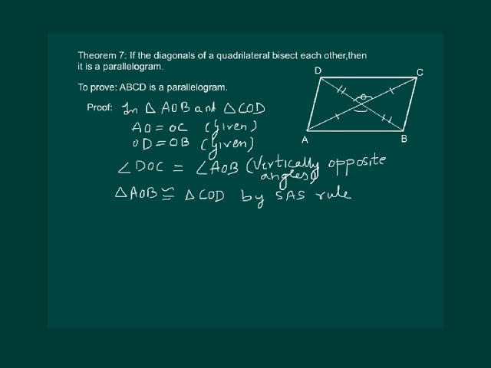And since the triangles are congruent, so the corresponding angles will be equal, implying that angle OAB is equal to angle OCD and angle OBA is equal to angle ODC.